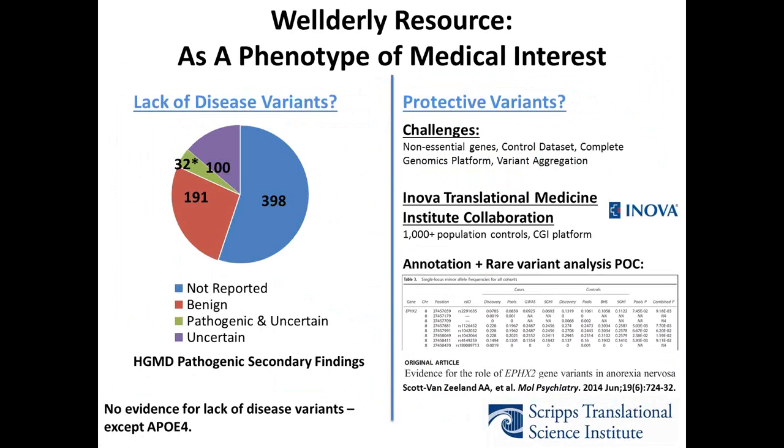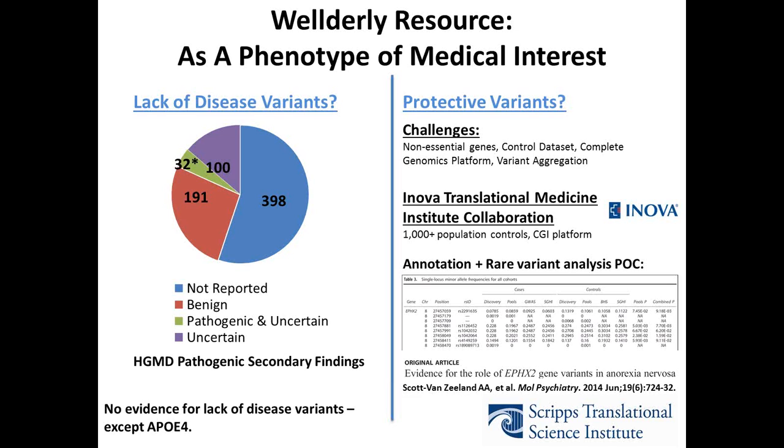So here's another initial analysis that we've done for this cohort, looking at whether or not there are disease-causative variants in this cohort. So one hypothesis might be that they have a decrease in the number of disease-causative variants. Defining disease-causative variants by itself is a bit of an issue.